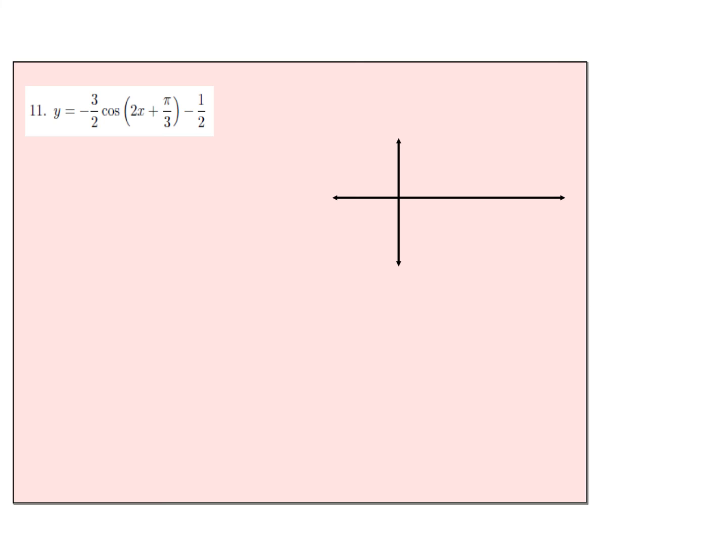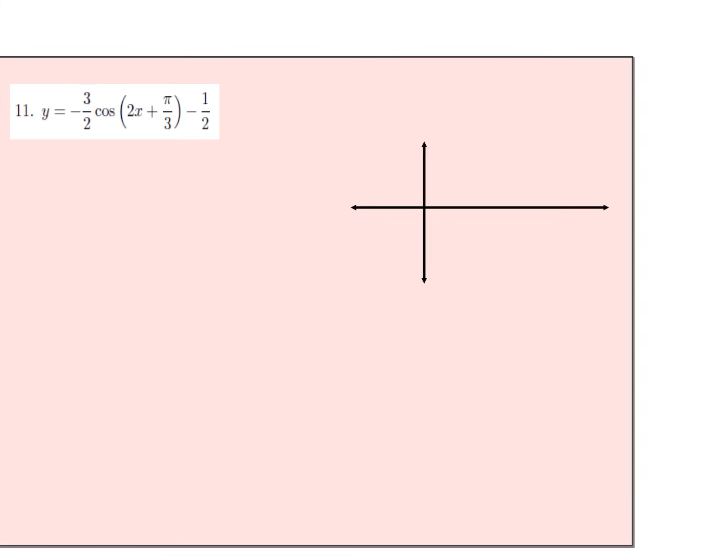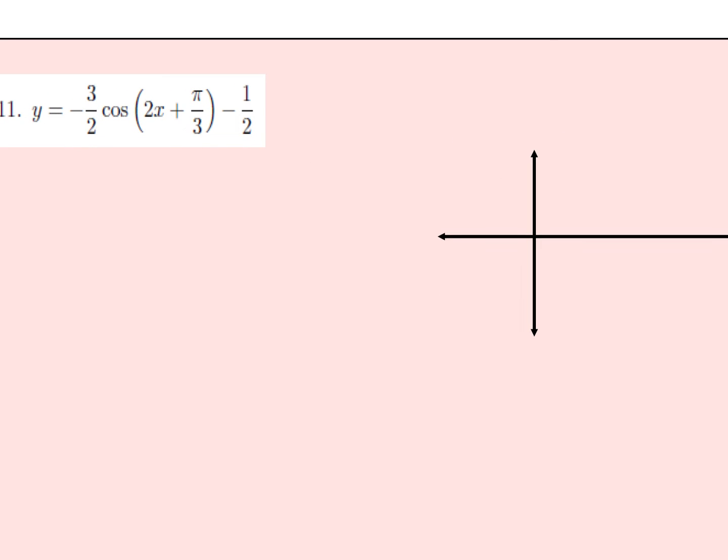All right, so let's do one more of these. But do you remember me saying that we weren't going to do anything this crazy? Yeah, we're not. This is just insane. So we're going to get rid of this. And we're going to get rid of the 3 over 2.